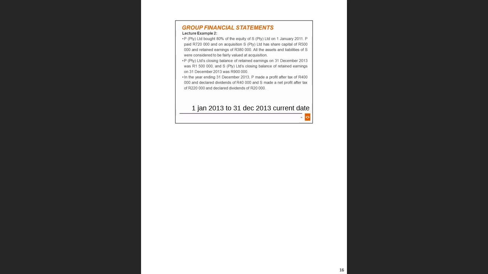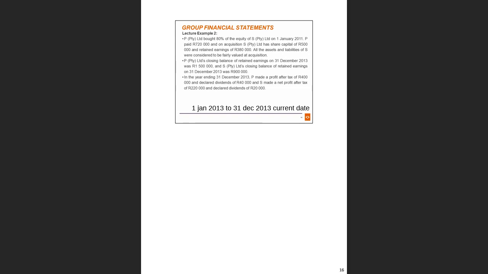Now that 520,000 Rand consists of 3 years' worth of retained earnings. It consists of the profit from 1st of January 2011, accumulating the profit up until 31 December 2013.